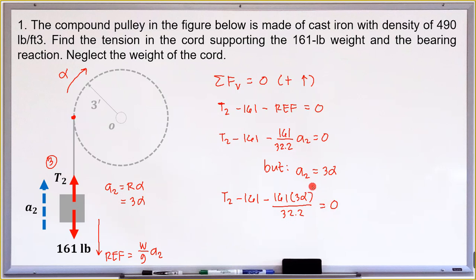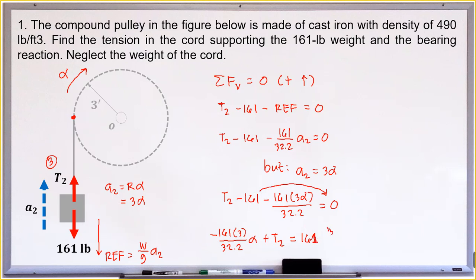Now let's rearrange this. So we have negative 161 times 3 all over 32.2 alpha plus T2 equals, pwede natin siya ibutang sa right side, ang constant equals 161.